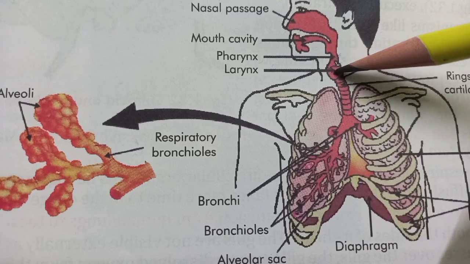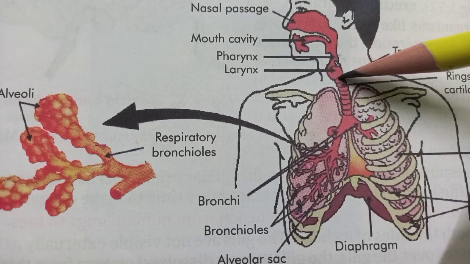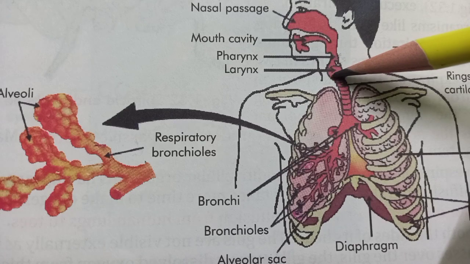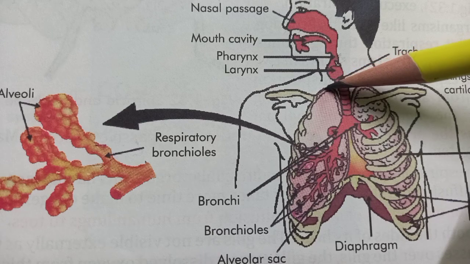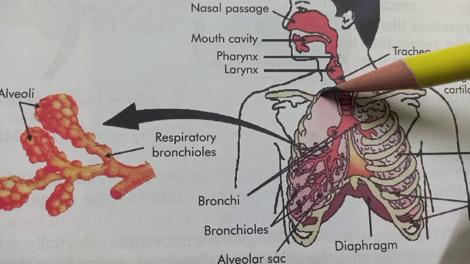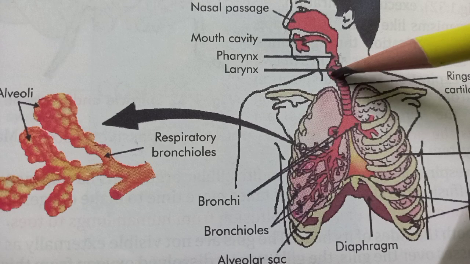The next is the larynx. It is also called the voice box or Adam's apple, and it is more developed in males. It has four cartilages. One is called cricoid, one is thyroid, and two are arytenoid. So four types of cartilage are present in the larynx.